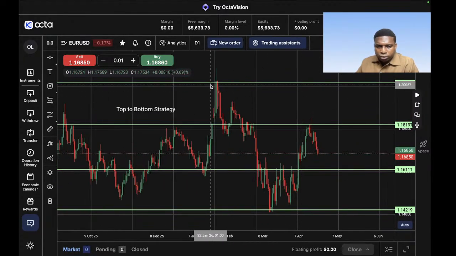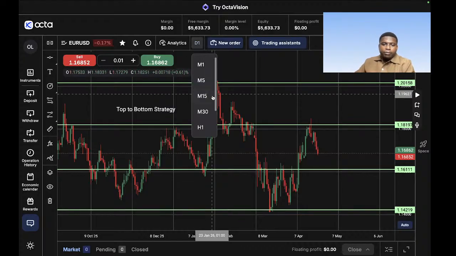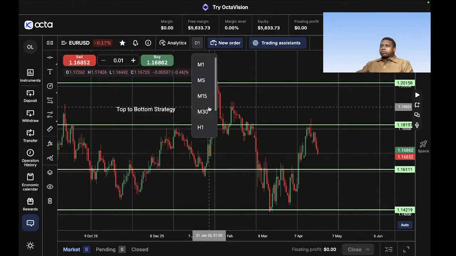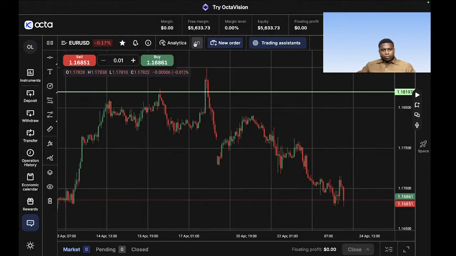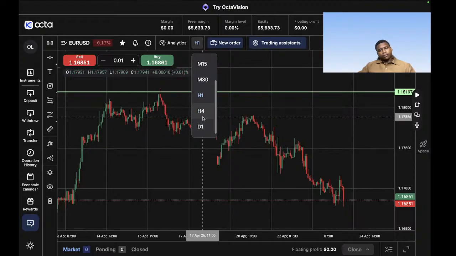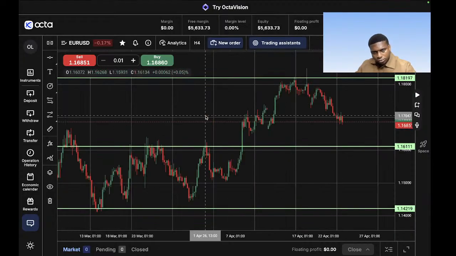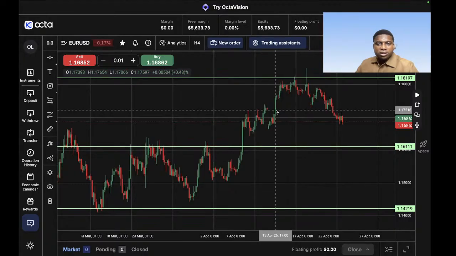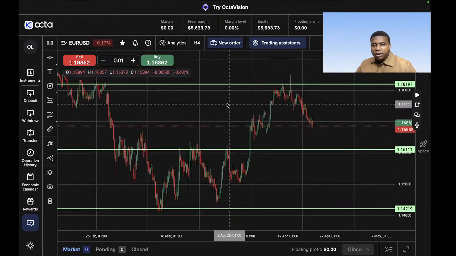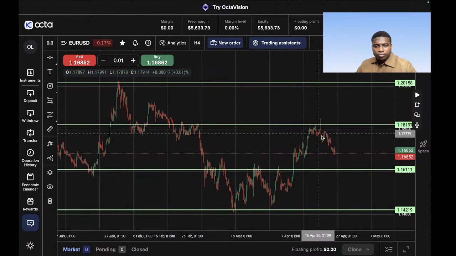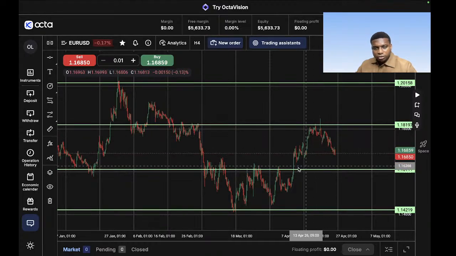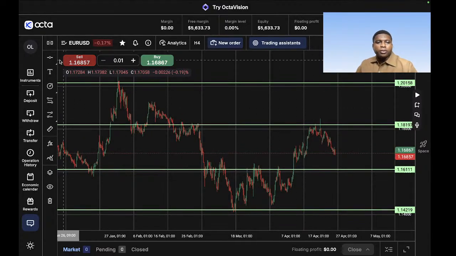So now let's go down to the daily time frame. I'm sorry, the 4 hours time frame. Okay, so you can see that on the 4 hours time frame we have EUR USD dropping seriously.